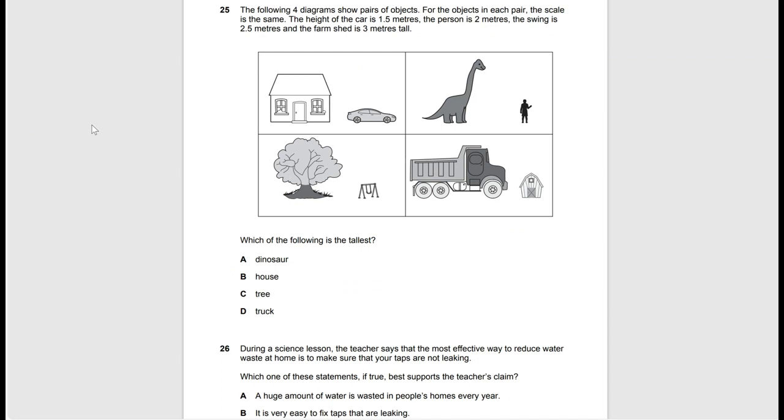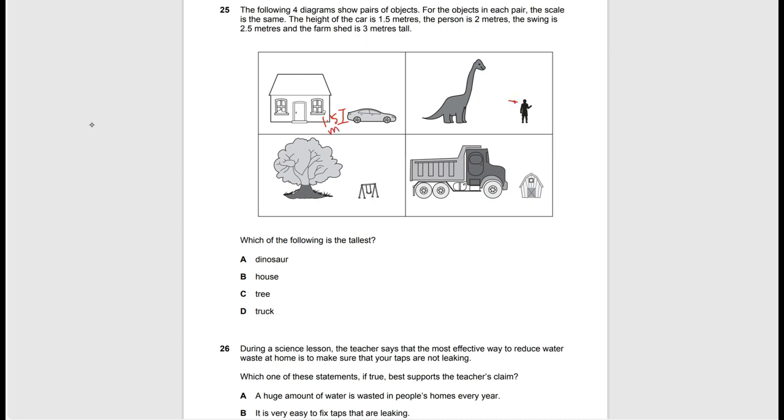Question 25. The following 4 diagrams show pairs of objects. For the objects in each pair, the scale is the same. The height of the car is 1.5 meters, so let's annotate our diagram. The height of the car is 1.5 meters.